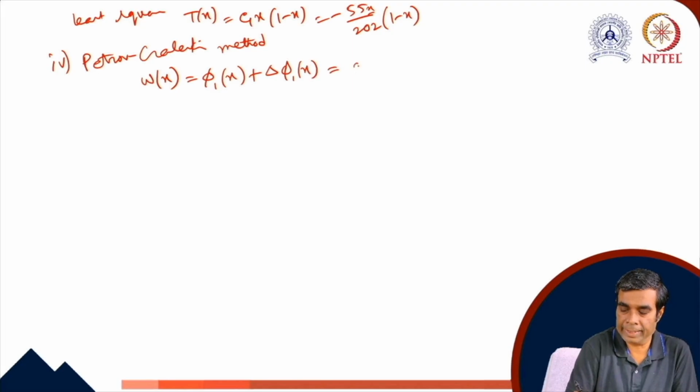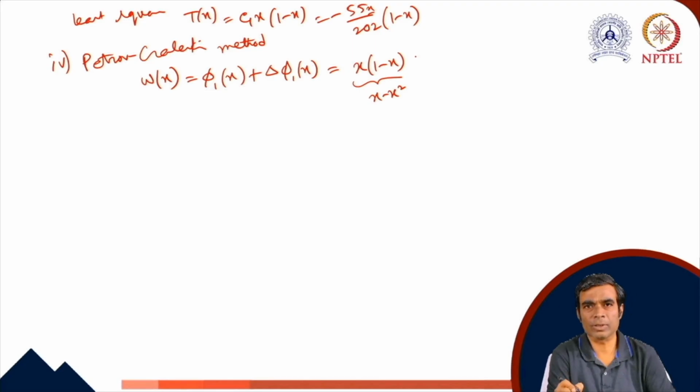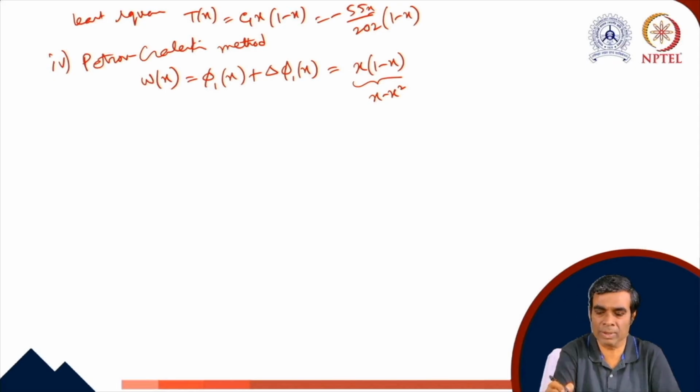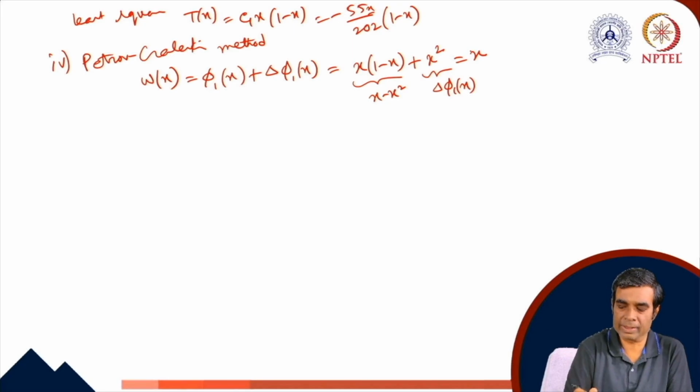Phi1x we have already taken as x into 1 minus x, so it is x minus x square. Just to make the calculation simple, without any stability considerations, we are just showing it for illustration, for explaining. We are taking the perturbation as positive x square. This we are taking as delta phi1x, so that we get a simple term, nothing else.